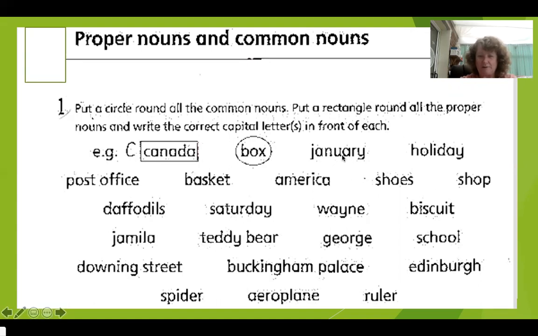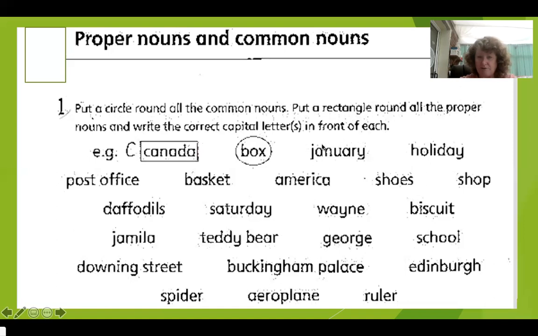January. That sounds like it should be a proper noun, doesn't it? So what would you put around this? A rectangle, or would you put a circle? That's right. You would put a rectangle around this.